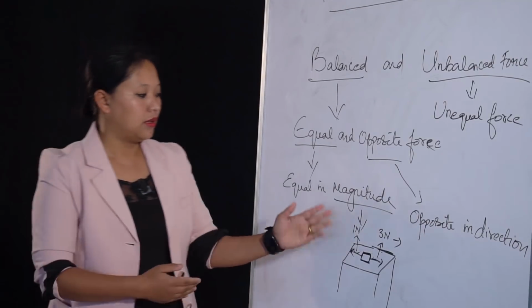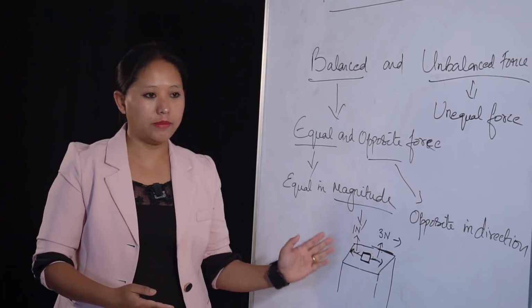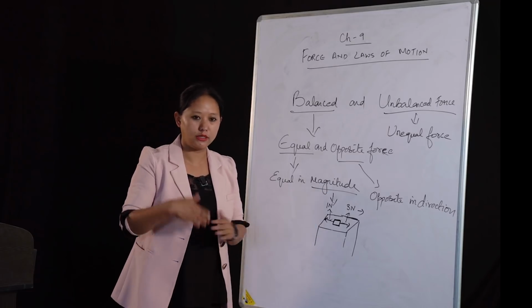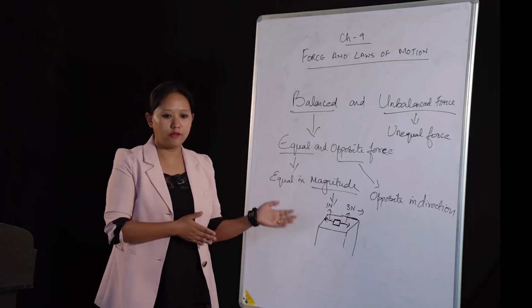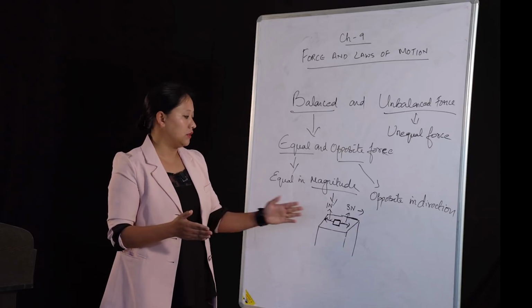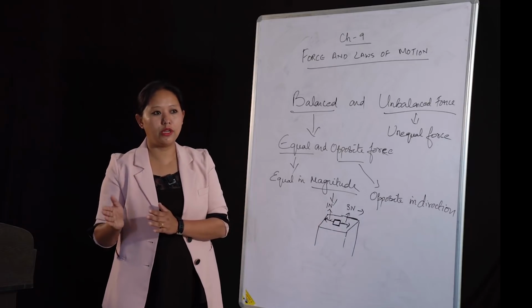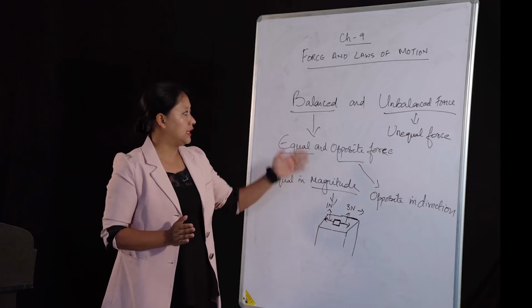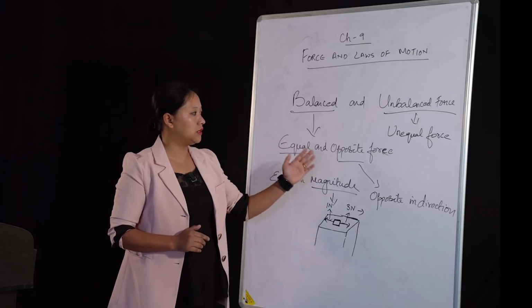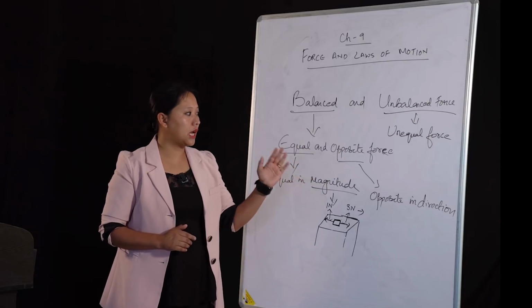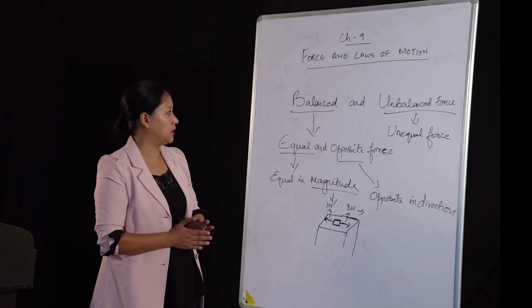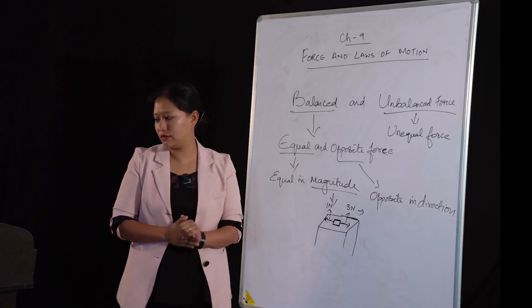That means if we try to pull, definitely the block tries to move in the direction where there is a greater force. That means it causes the motion. So we can say that balanced force is equal and opposite force, and unbalanced force is unequal force. I hope you are clear with balanced force and unbalanced force.